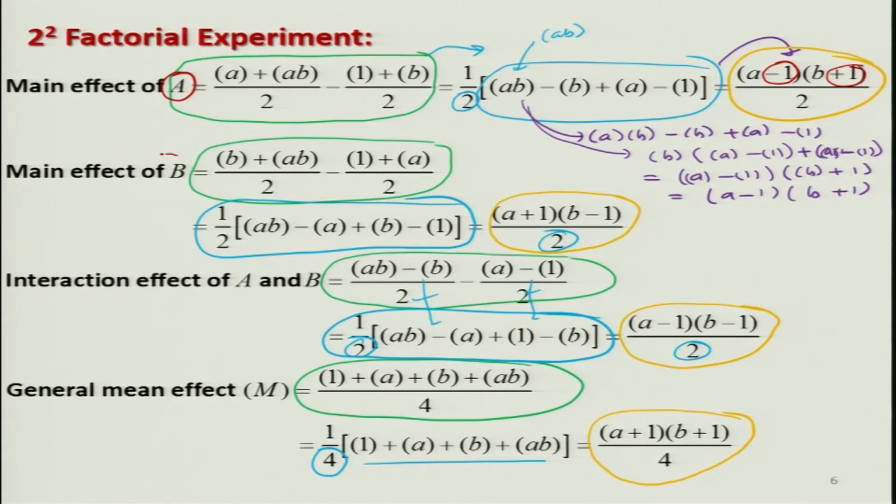When I consider the main effect of b, then a is appearing with plus 1 sign and b is appearing with minus 1 sign. If you compare these 2 observations, can you see that the sign of 1, whether it has to be minus or plus, depends upon the common alphabet between the treatment effect and main effect? What does this mean?